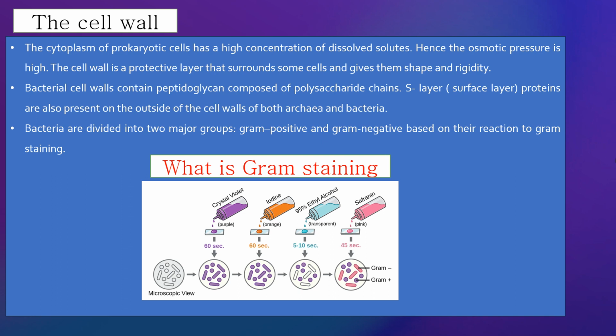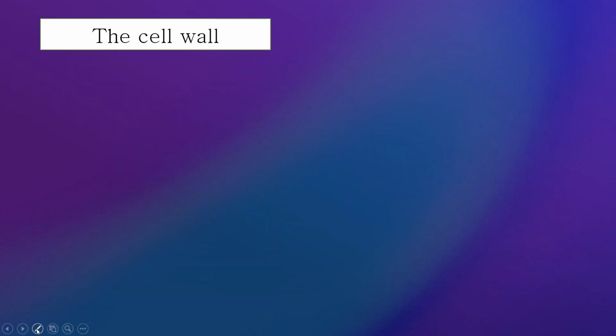Then bacteria are divided into two major groups, gram positive and gram negative bacteria. Here, see. How can we distinguish between them, which is gram positive and which is gram negative?